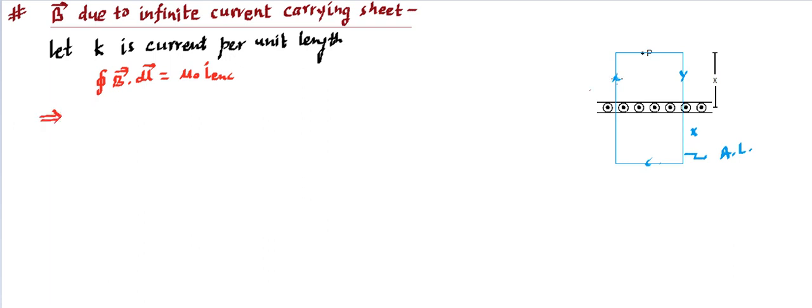Again, the loop that we have chosen is not circular, so some parts need to be covered separately. So we can start naming them just like we did earlier. So we can say this is point 1. Let's say this terminal point is 2. So 1 to 2 will have the same magnetic field. Similarly, we can say this is the third point. This is the fourth point. So 4 points we are considering over here.